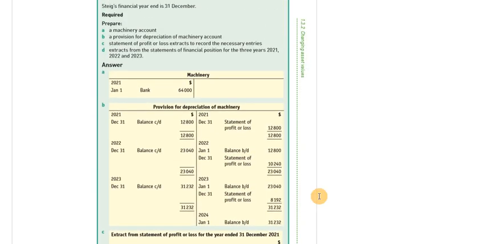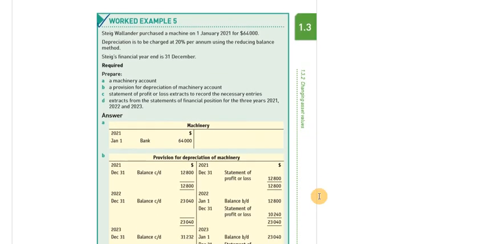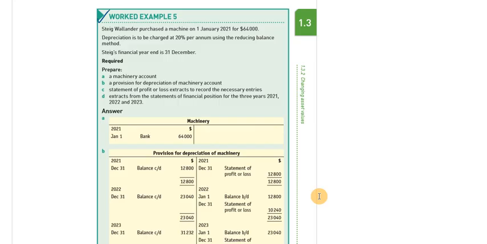Okay, students. Now start this one. Example number 5. SW purchased a machine on 1st January 21 for 6,400,000. Depreciation is to be charged at 20% per annum using the reducing balance method. We have already discussed that the reducing balance method is normally calculated in percentage form, like this 20%.